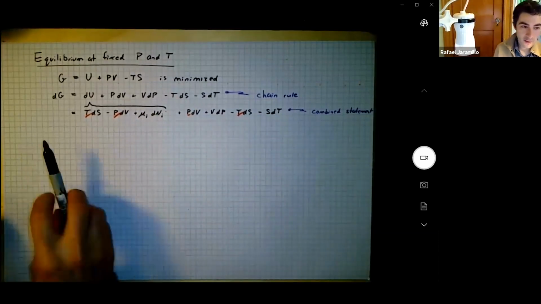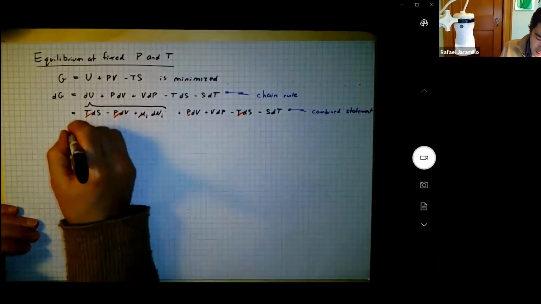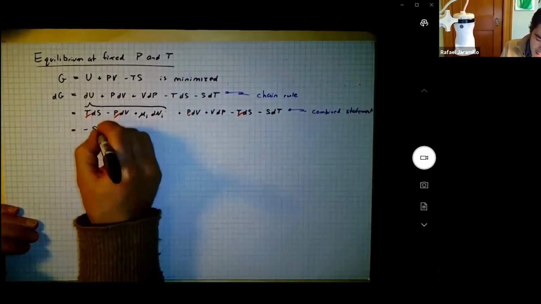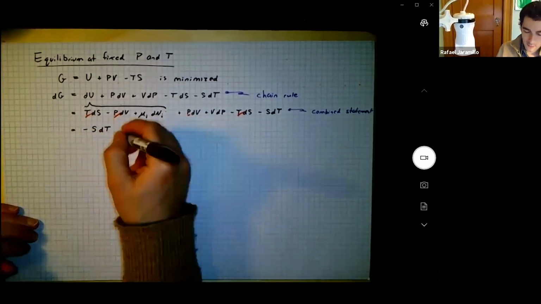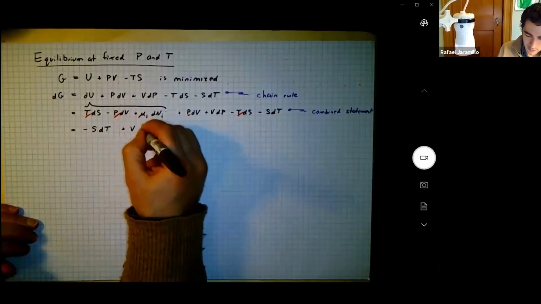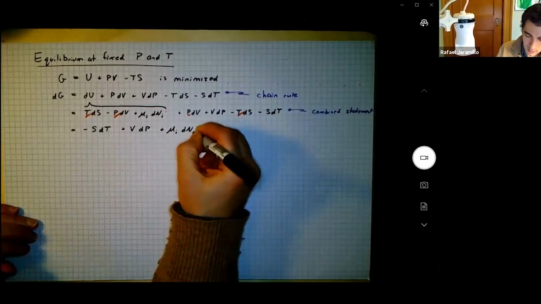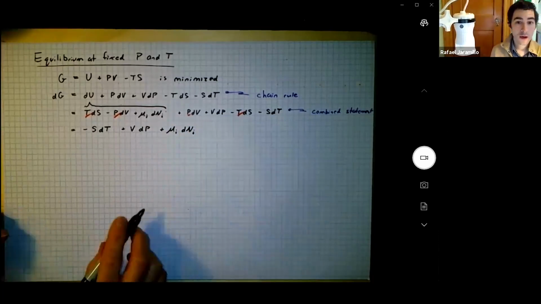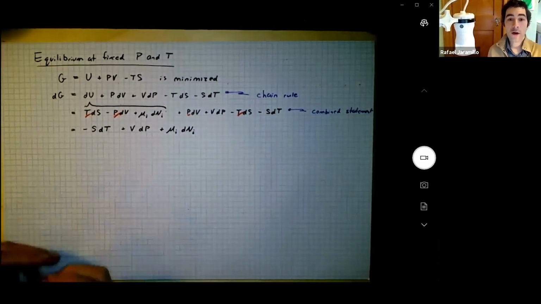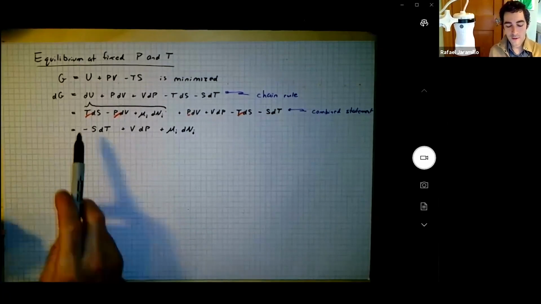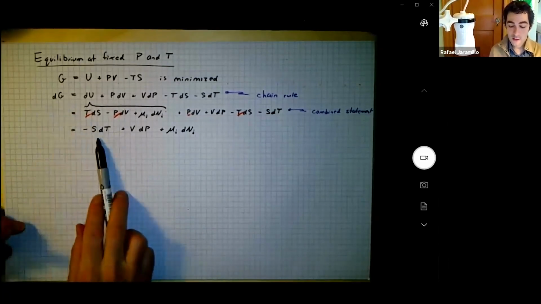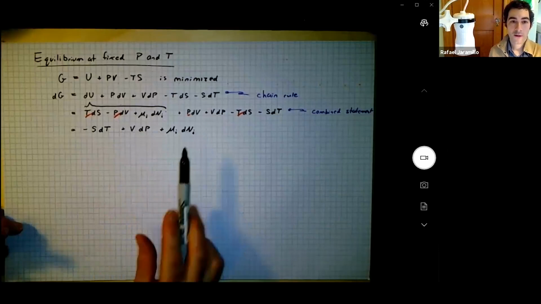And so this simplifies a little bit, and I get the following: dG equals minus S dT plus V dP plus mu_i dN_i. Good. This is what we wanted, because I told you the natural variables for Gibbs were temperature, pressure, and particle number.